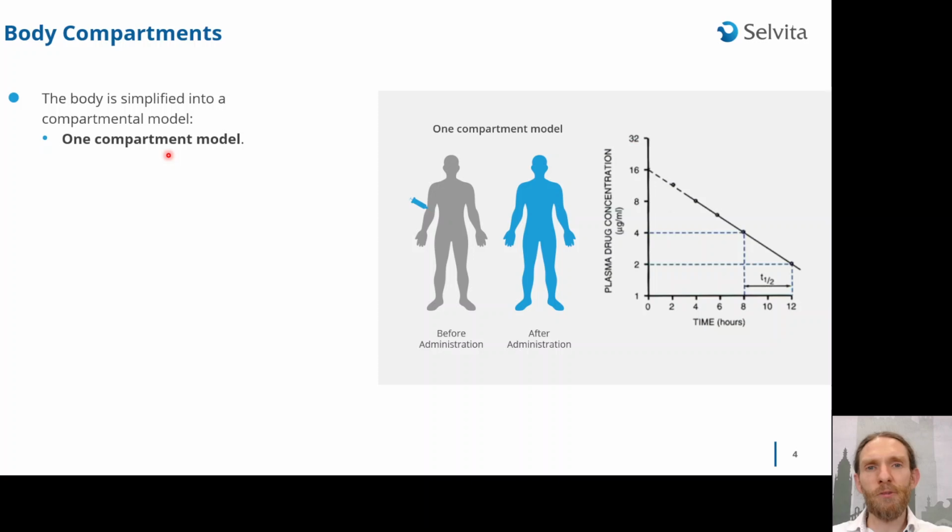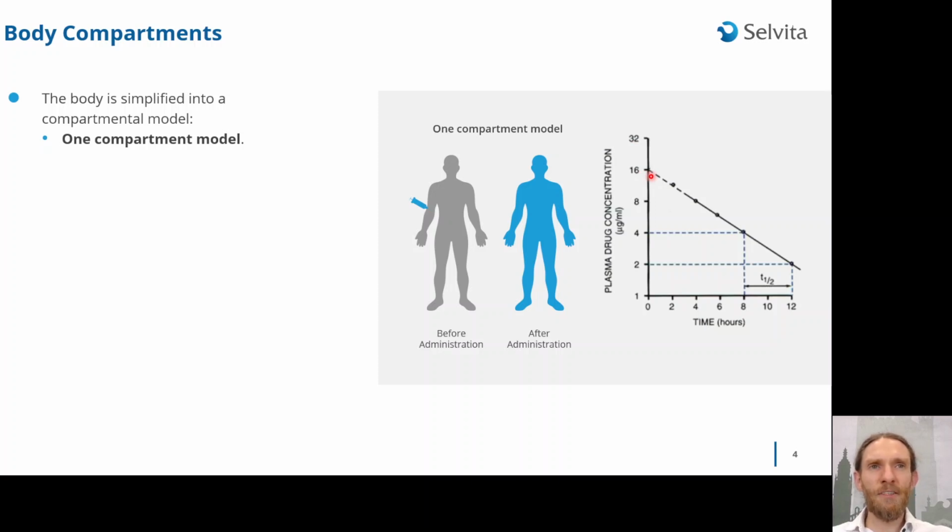In the one-compartment model, we are simplifying the whole body into one reservoir. After intravenous administration, the drug gets distributed in the body, and then after administration, which happens at time point 0, we see linear drop of the concentration with time.